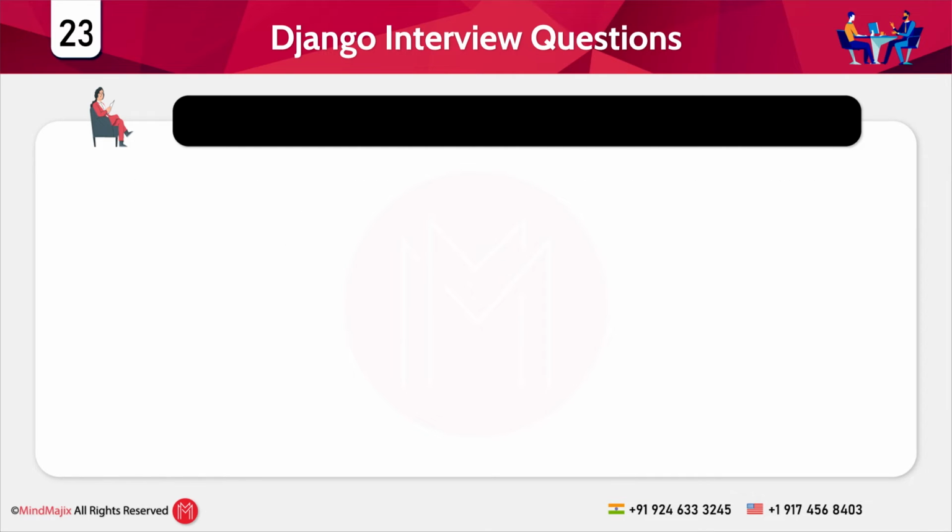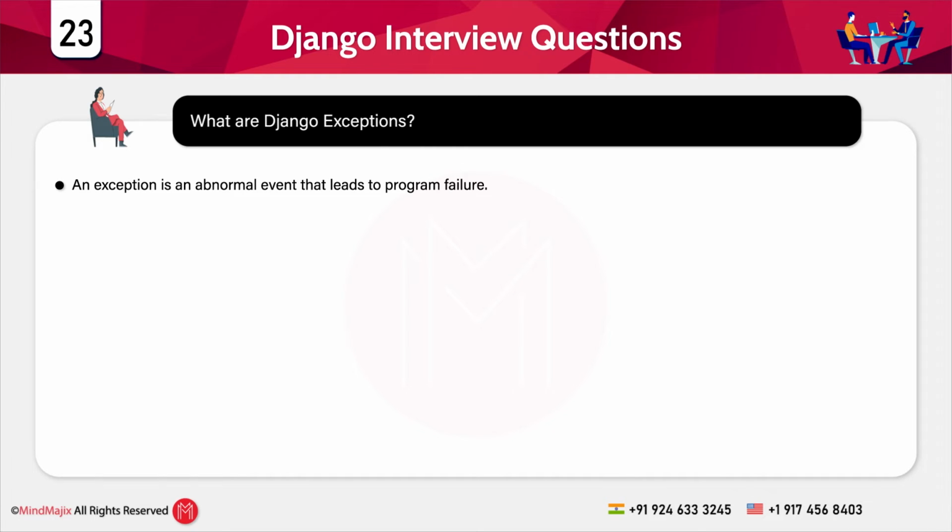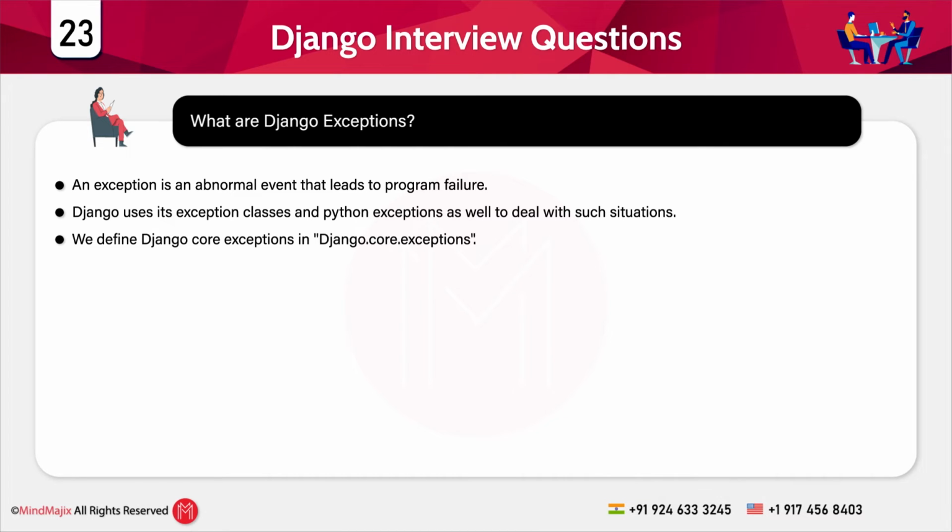The next question is, what are Django exceptions? An exception is an abnormal event that leads to program failure. Django uses exception classes and Python exceptions as well to deal with such situations. We define Django core exceptions in django.core.exceptions.